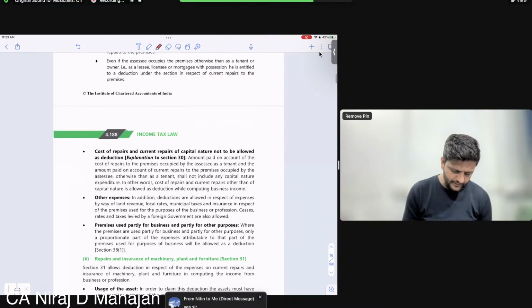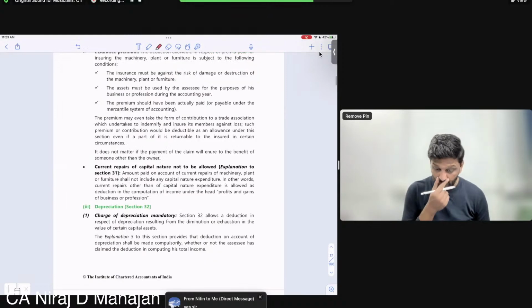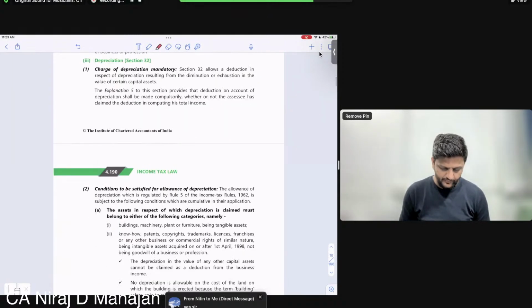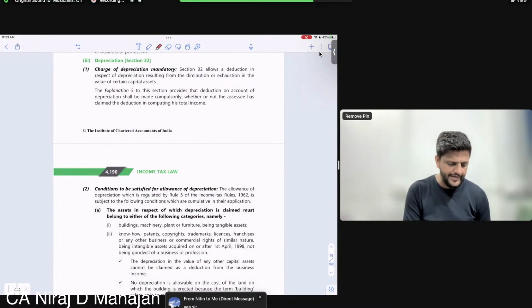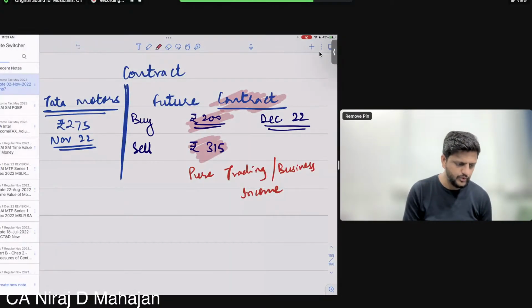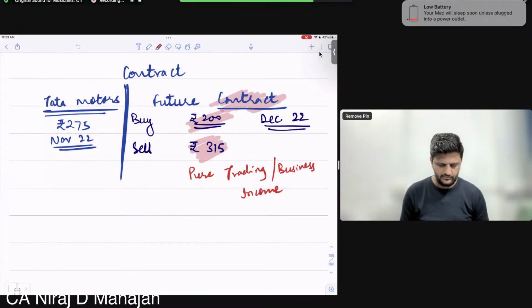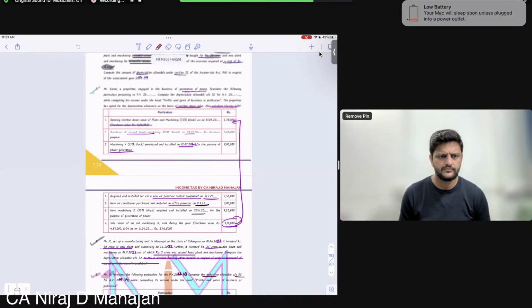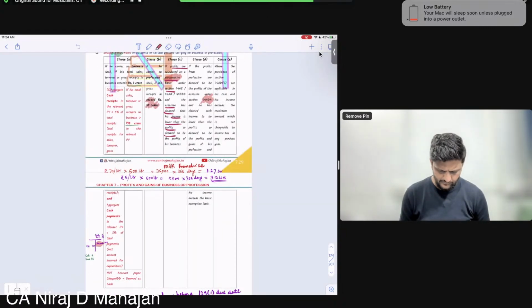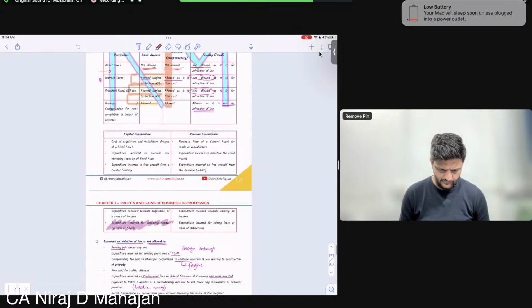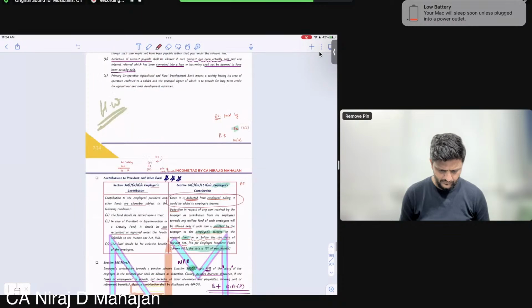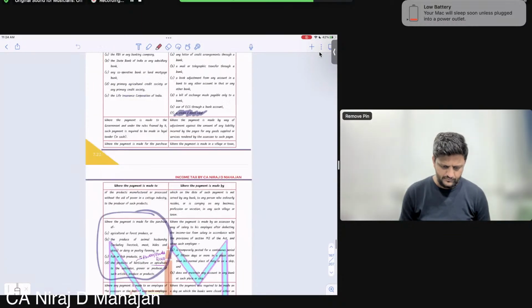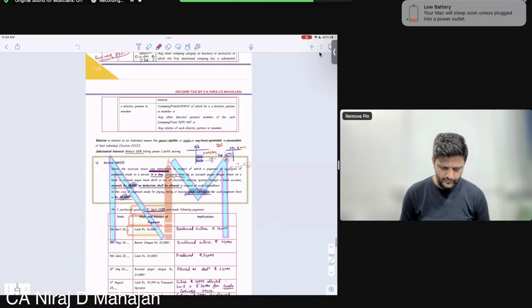Remaining we have covered, and I also want you to read this part again. 35AD, 7B. Come to the textbook, everybody. 35AD, remember? Specified business. Where is it?